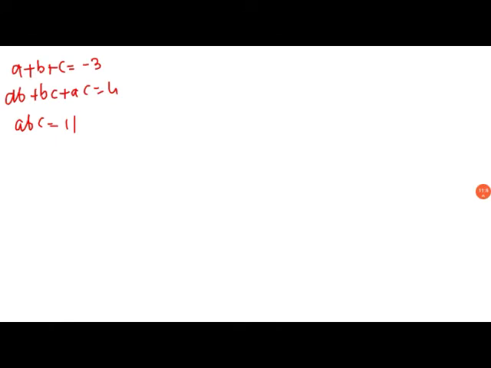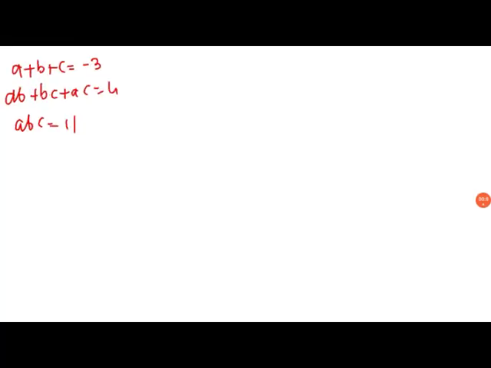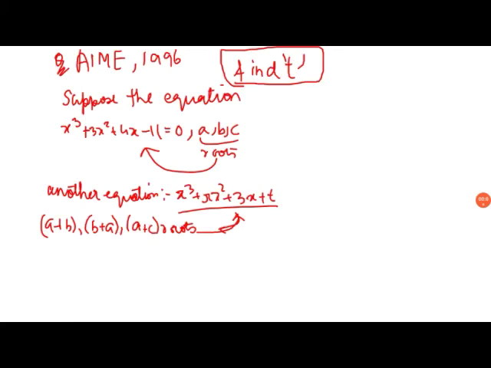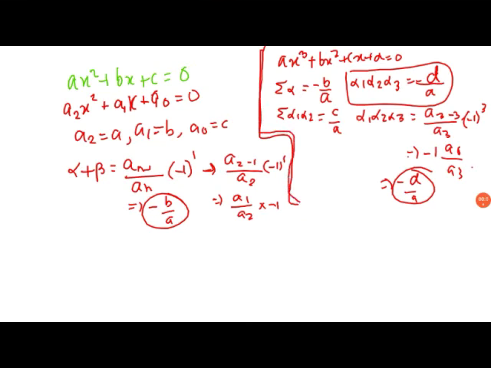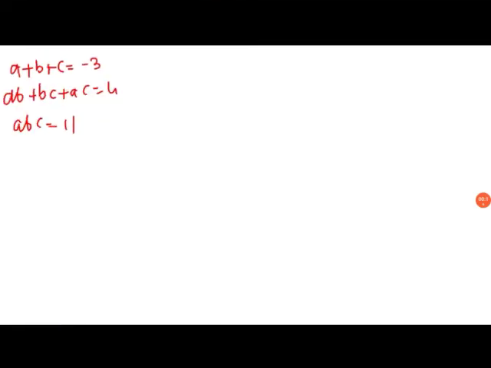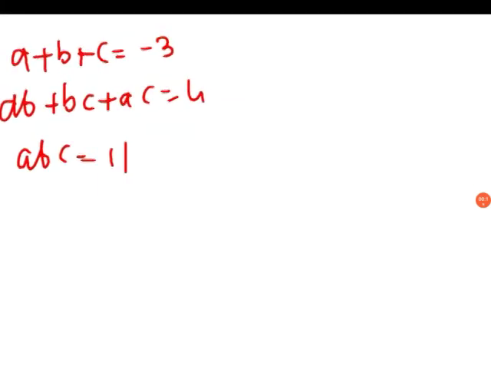Okay, so if you have reached up to this part, also very good. Now you can also reach this part with this particular section that I showed you, the relation between the roots and the coefficients of a cubic. So this was also a cubic equation, so that's how we can do this as well.